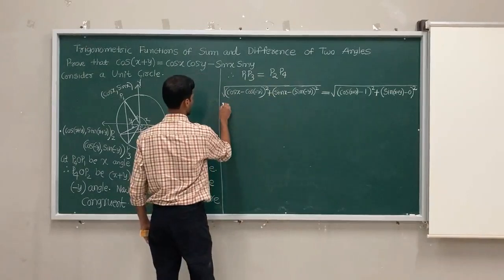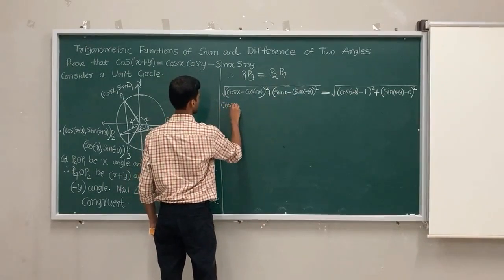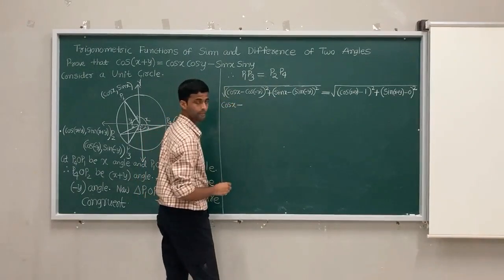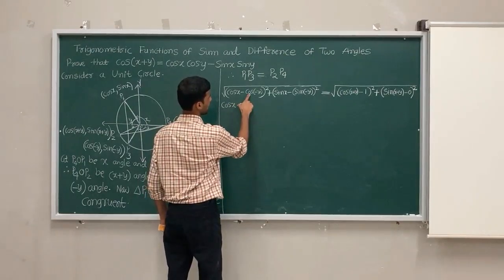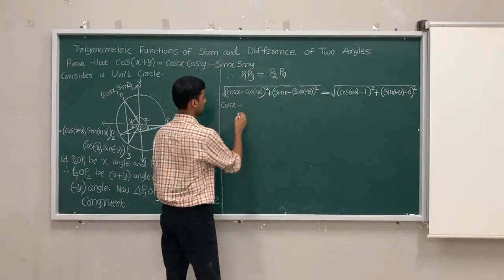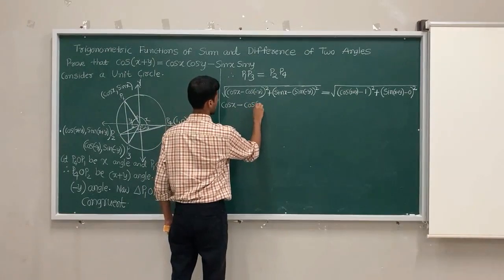I will cancel the square root on both sides, because the square root is common on both sides. After cancelling, what do you get? We all know that cos of minus theta. Otherwise, I'll write one more step to avoid confusion.